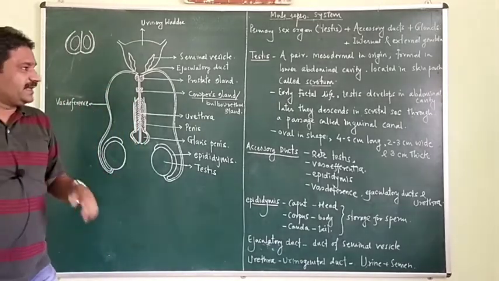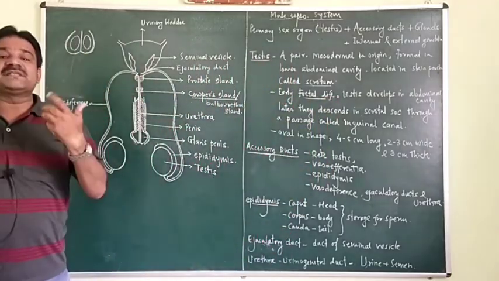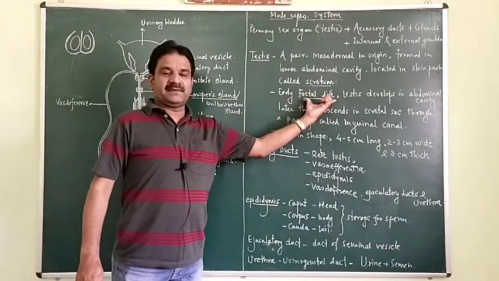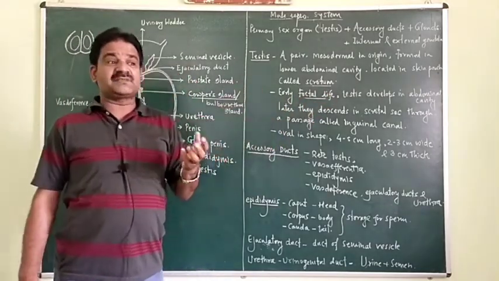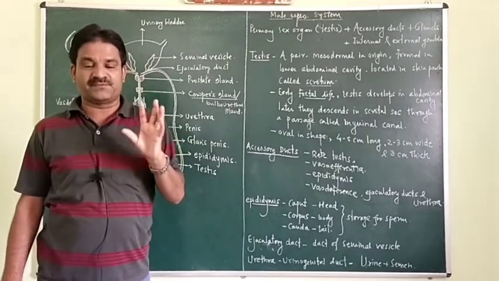Now see, in early fetal life, these testes are developed inside the abdominal cavity. Fetal life means the developing child or developing embryo inside the uterus, that is called a fetus.